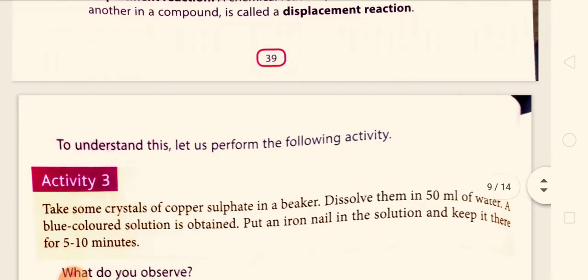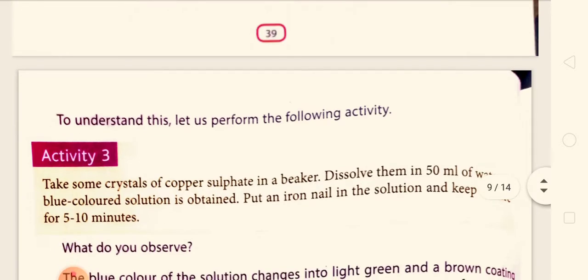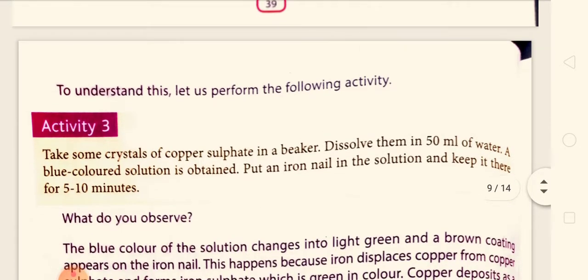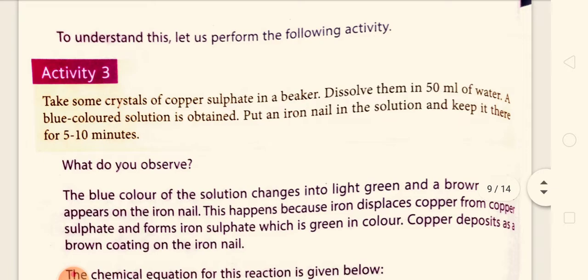Now to understand this displacement reaction, there is an activity given. Very simple activity. Whenever the school opens, I will show this activity by doing the reaction. In this activity we require copper sulfate solution, a beaker and a nail.